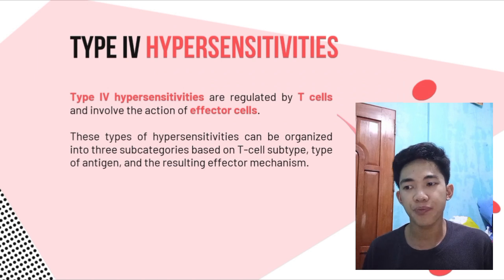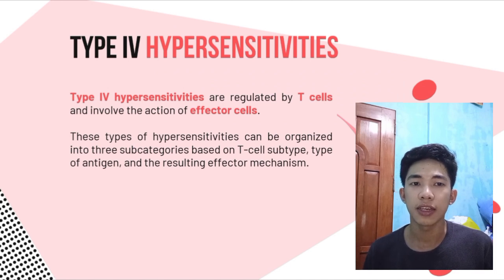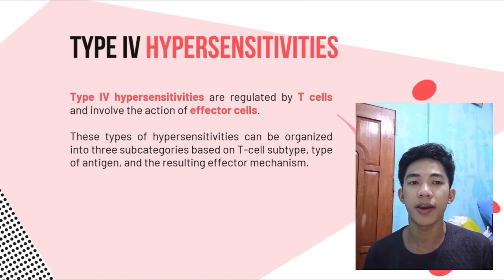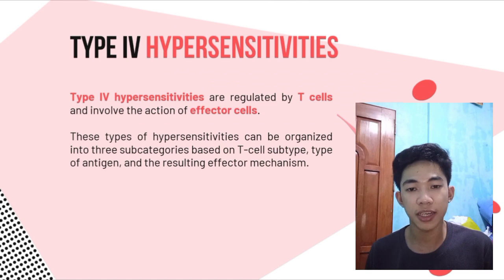So T cells are responsible for recognizing and remembering antigens in our body. We can think of them as the commanders of the immune response. And effector cells are the cells that directly and immediately fight the harmful substances in our body once they are recognized by the T cells.